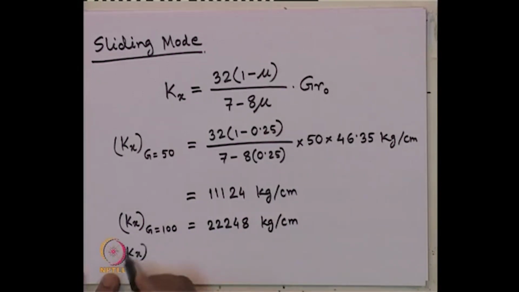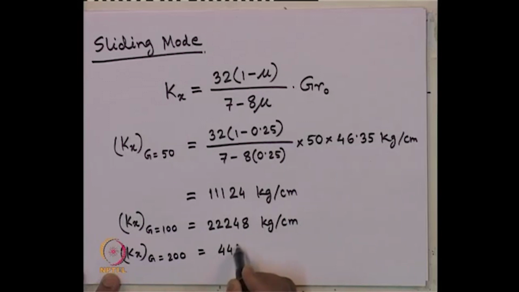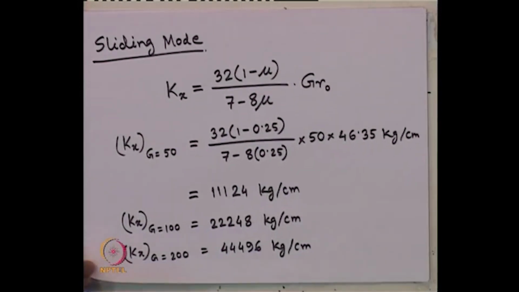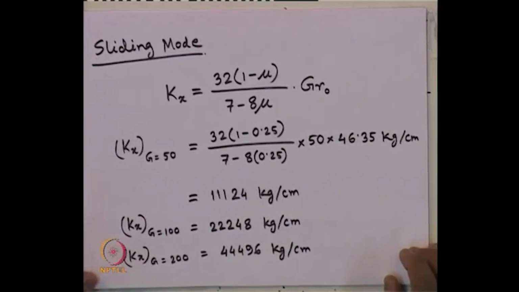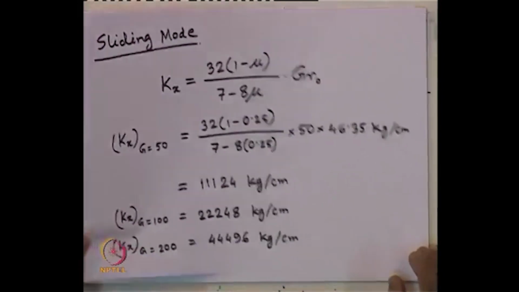And Kx for G equals 200 TSF will be some value in kg per centimeter. So, once K is obtained, our next step is to calculate the natural frequency of the system.